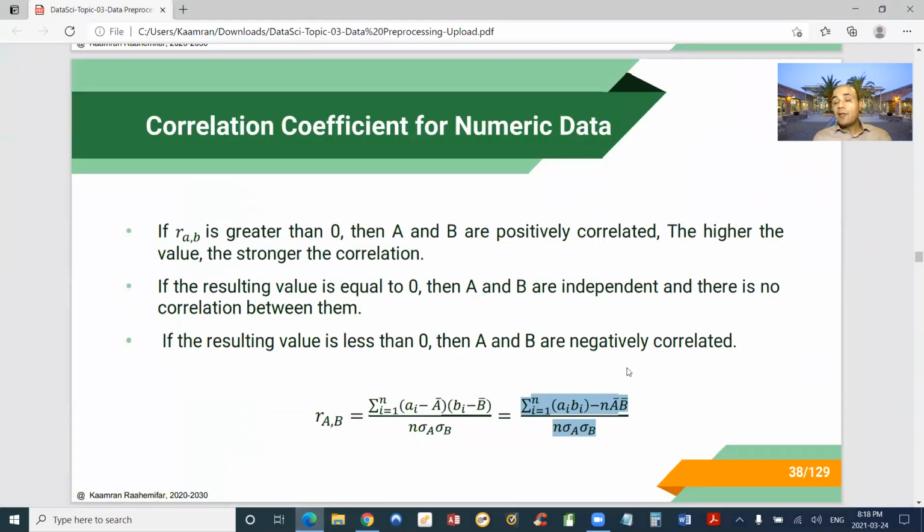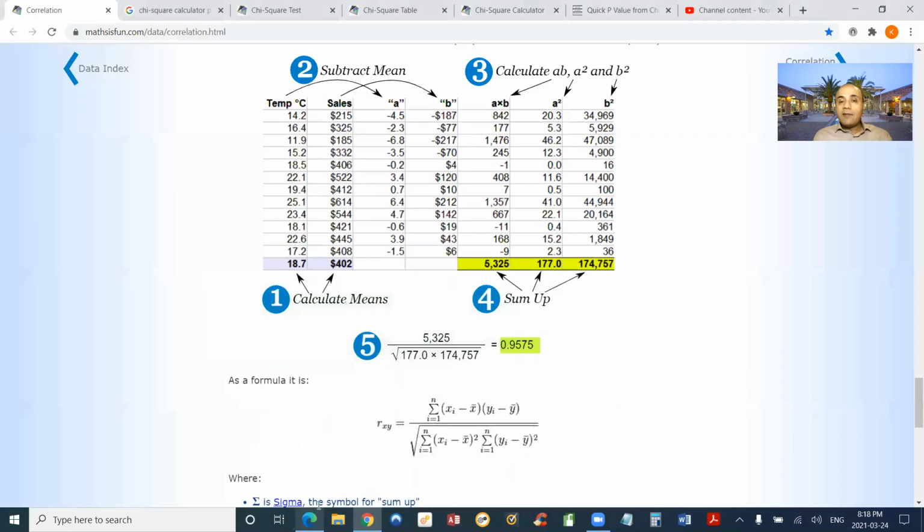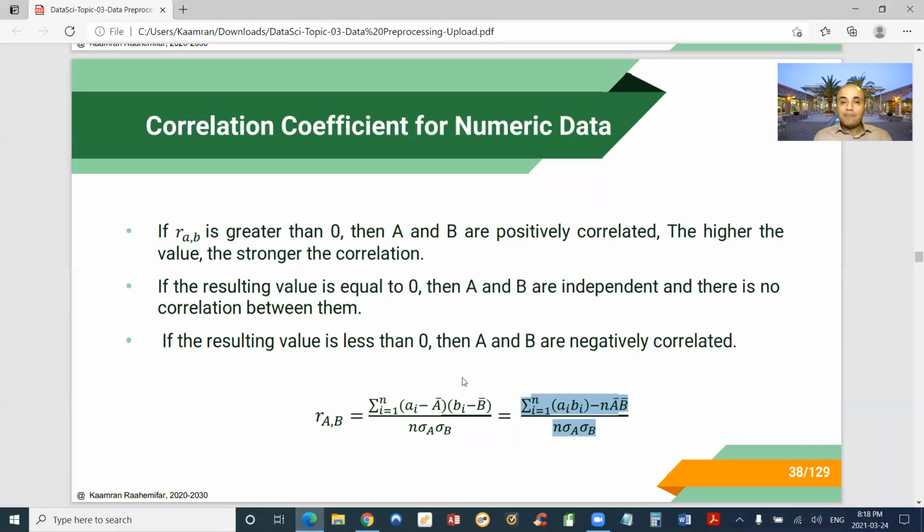There is no difference. You can choose either of them. In this one, you still need to calculate the A bar and B bar, so you need to calculate that anyway. This formula is more friendly, I would say, and it clicks with the cosine similarity function we spoke of last time, and therefore my correlation analysis is complete.